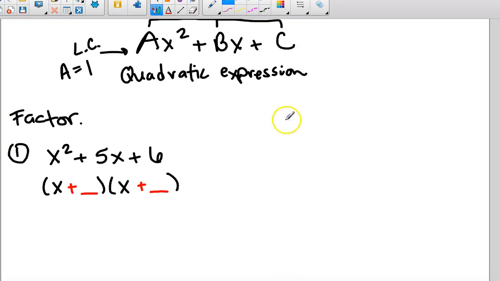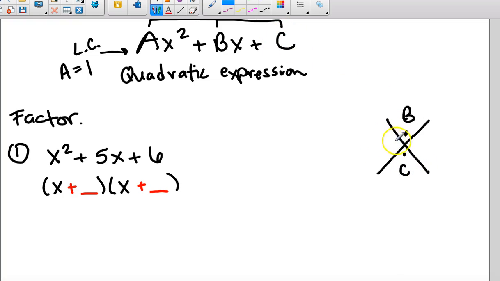So the way we're going to set this up, let's put this over here to the side, the normal setup for the x factor. You're going to have a plus up top, a times on the bottom. We're going to look for 2 numbers that when we add them give you the middle value with x, or b. Then when you multiply them, give you the last, which is the c.